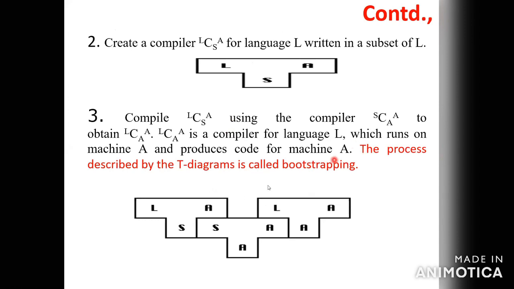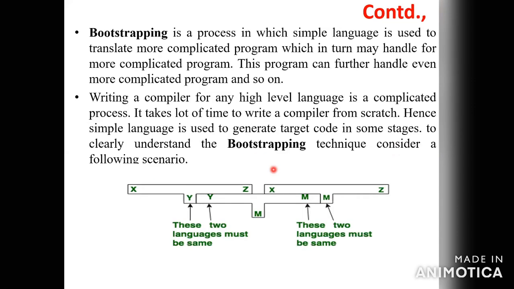This process described by the diagram is called bootstrapping. One given example: bootstrapping is a process in which a simple language is used to translate, and may handle, more complicated programs for the given source program.